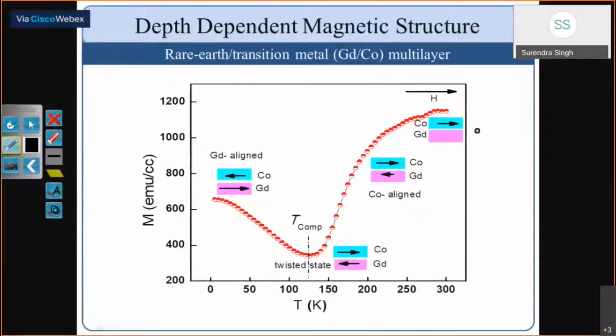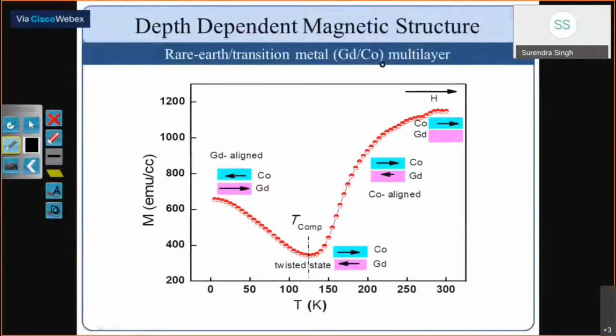Then when you decrease the temperature, Gd moments develop. But these Gd cobalt based systems show a high coupling at the interfaces, which is antiferromagnetic.